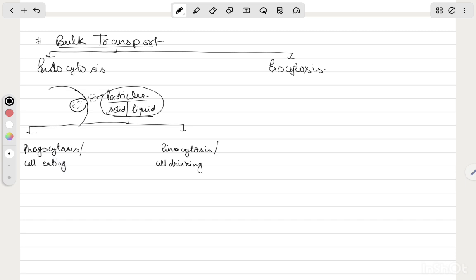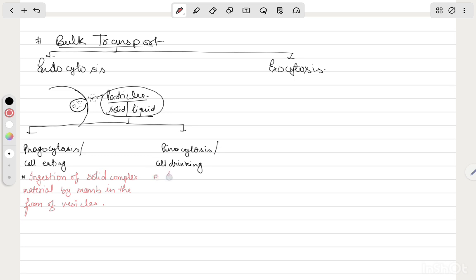So the definition of phagocytosis is ingestion of solid complex material by membranes in the form of vesicles or phagosome, the process of phagocytosis.